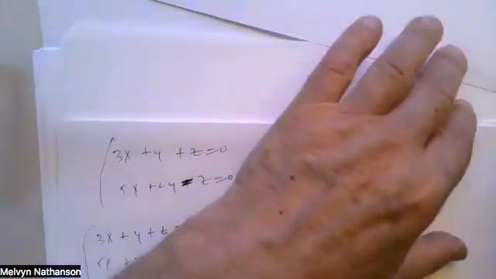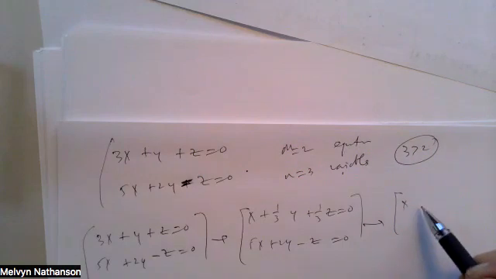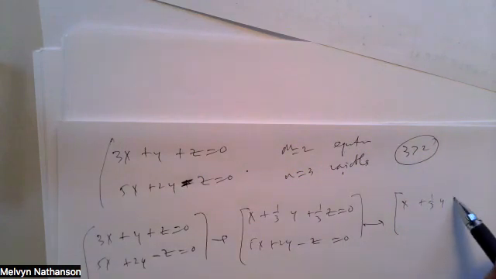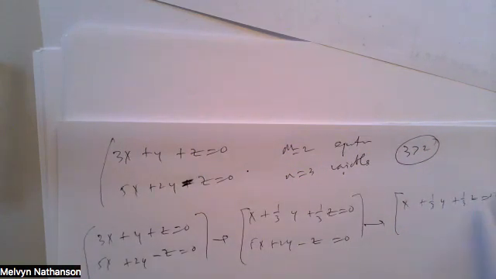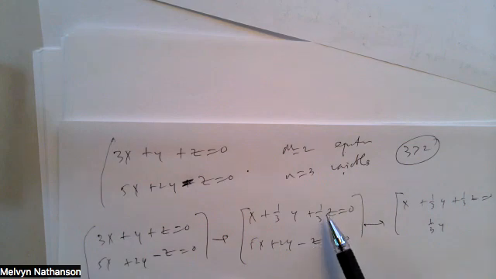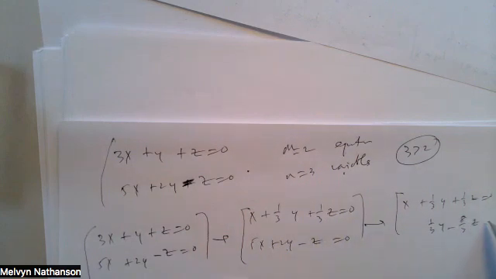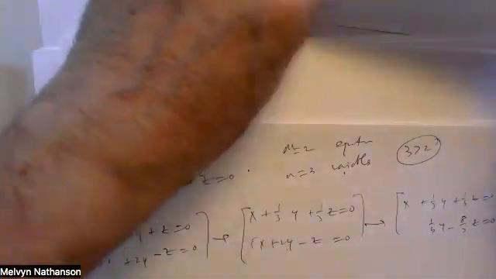Then I don't touch the first equation now. But I take the second equation minus 5 times the first equation. So that cancels the x. 2 minus 5/3 is a third, so a third y. Minus z minus 5/3 z is minus 8/3 z equals 0. That's what I get there.